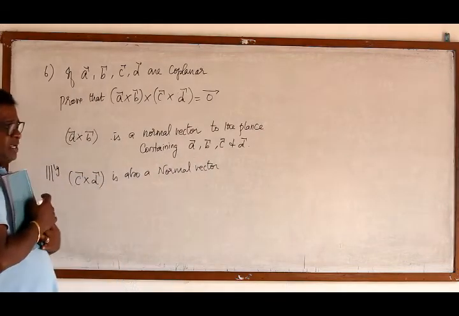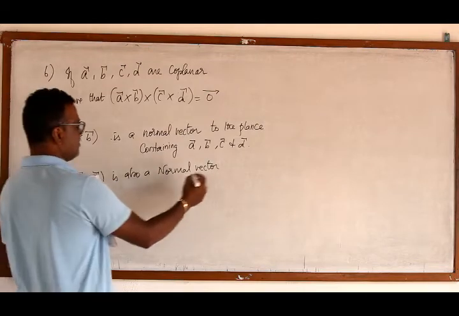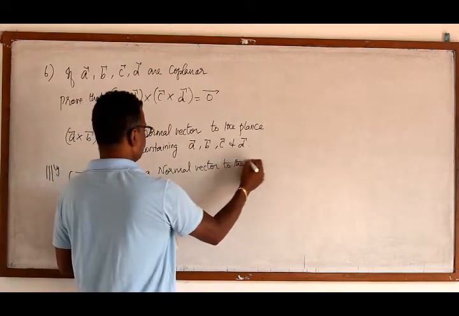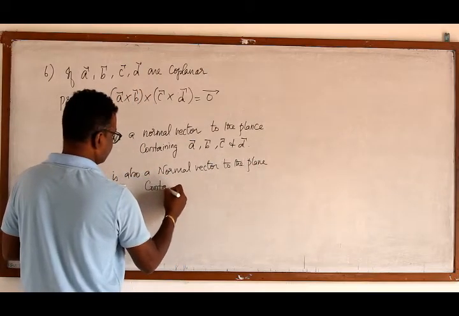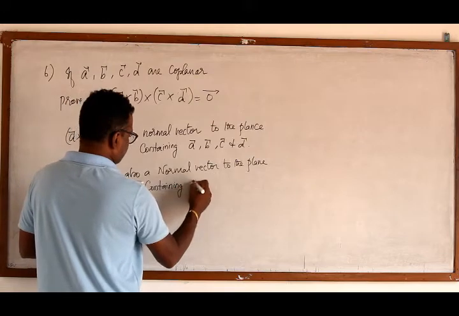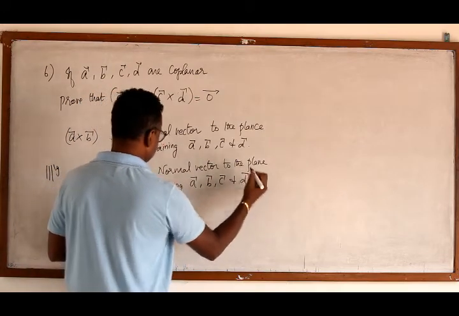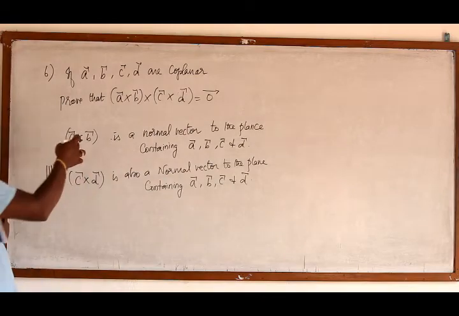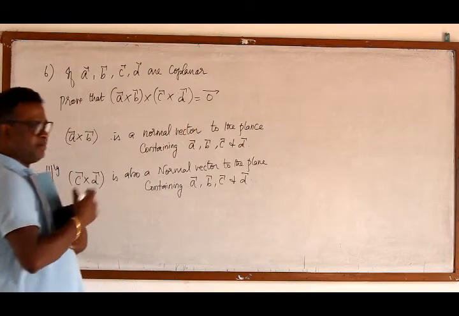Once again I am repeating, a normal vector means it's a perpendicular vector to the plane. The normal vector to the plane containing vectors A, B, C and D. Therefore, A cross B is also a perpendicular vector, and C cross D is also a perpendicular vector.